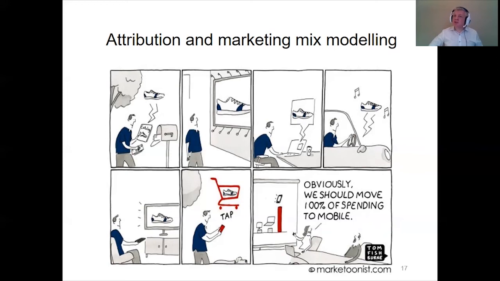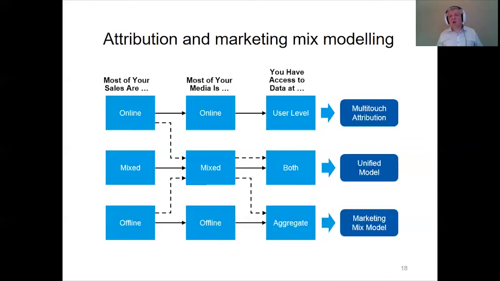Every touch point has contributed to his journey. Yet assigning this value is not easy, especially if we don't have customer level data, which is often the case in brick and mortar, in offline sales.